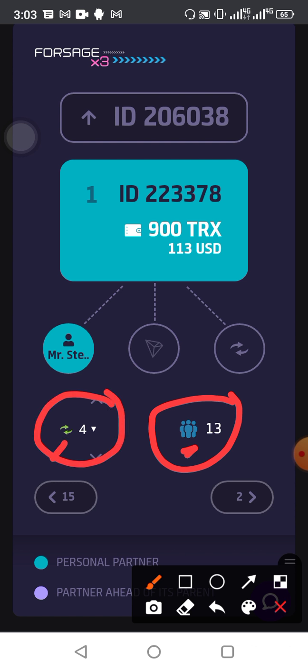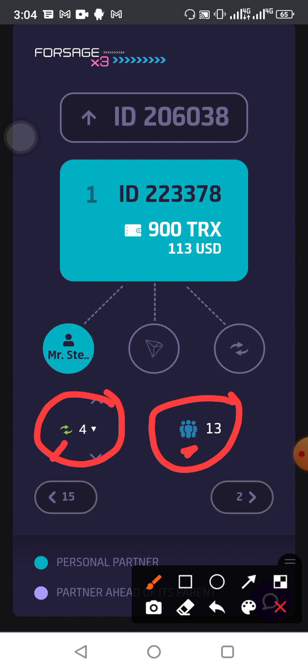But then to the left here you see the icon of a forward and backward arrow, with a figure 4 at the back of it. This is how the Forsage system keeps a count of the number of times you have completed a matrix, that is, when the whole slot in a matrix is filled up. When your matrix is filled up, it is said that you have completed one cycle, and another empty matrix will be given to you. How that is done you will see later when we explain that.